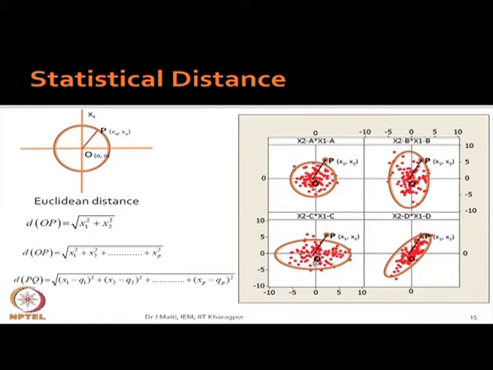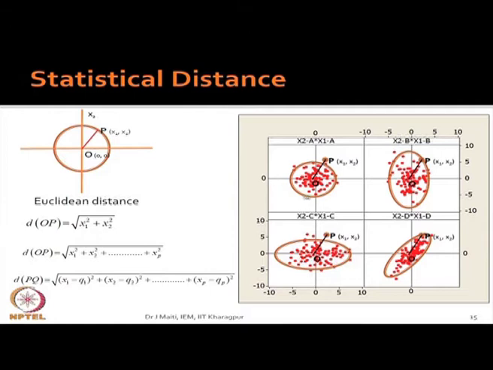Variability along the x axis is less than the variability along the y axis, or x1 and x2. We have given x1 and x2, and they are uncorrelated. In the first, second and third quadrants the variables are not correlated.